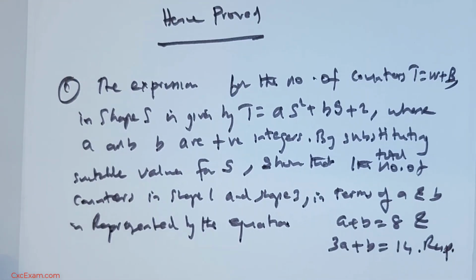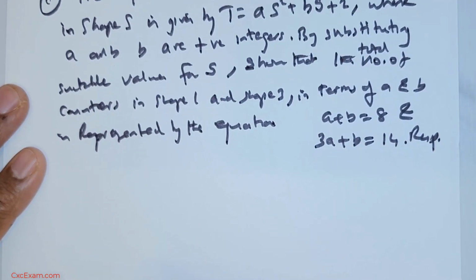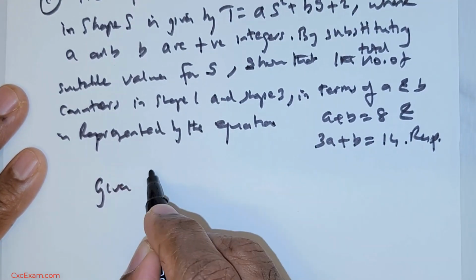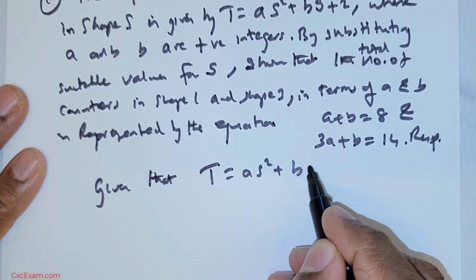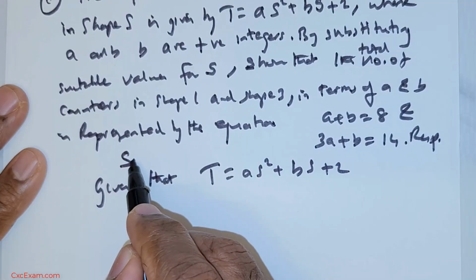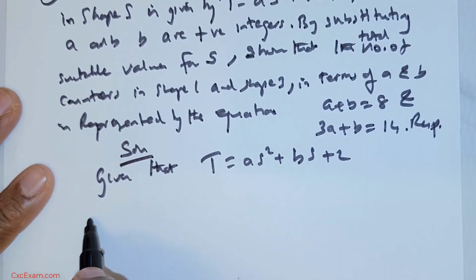Okay, so you read the question, understand it, and let's do it. Okay, so what we are given is that t is equal to a s squared + b s + 2. So this is the solution. But we know something else also.